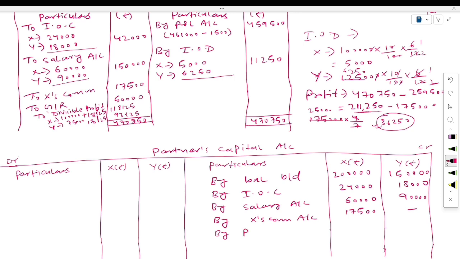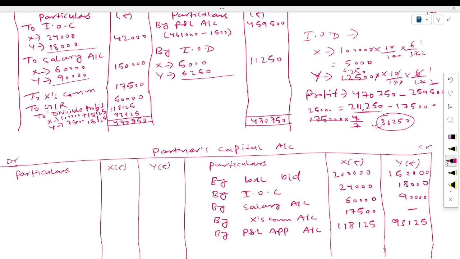Then we will write here by profit and loss appropriation account. X divisible profit is how much? 1,18,125 and Y divisible profit 93,125. This is the amount of divisible profit.